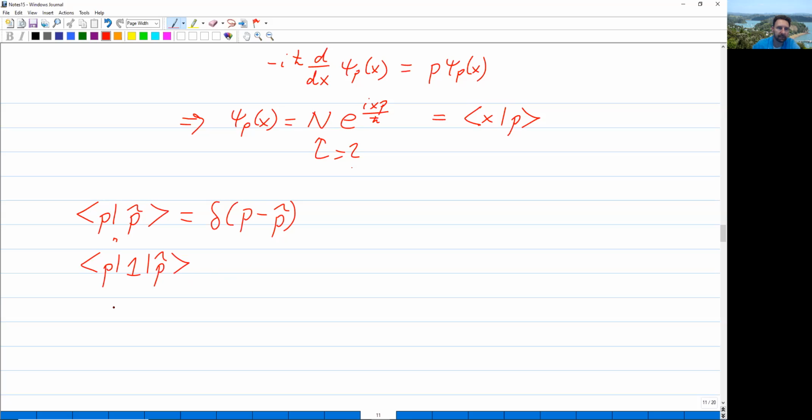And this is, of course, the integral over R of <p|x><x|p tilde> dx. And this is the integral over R of psi p of x star times psi p tilde of x dx.